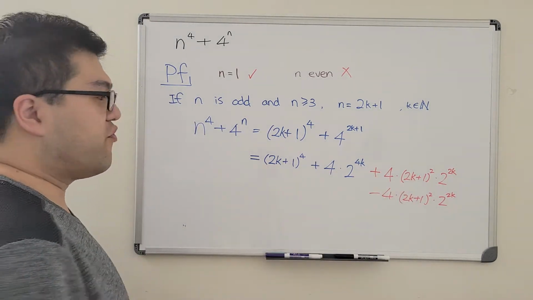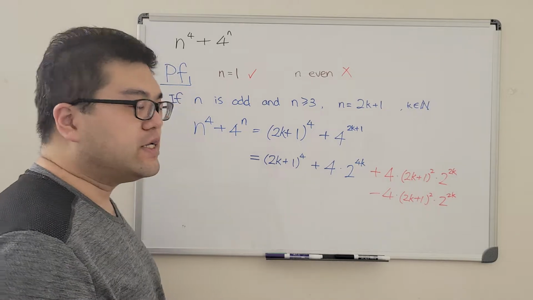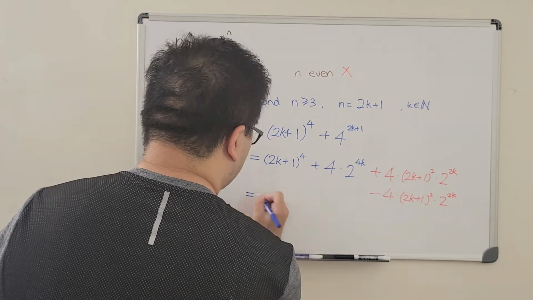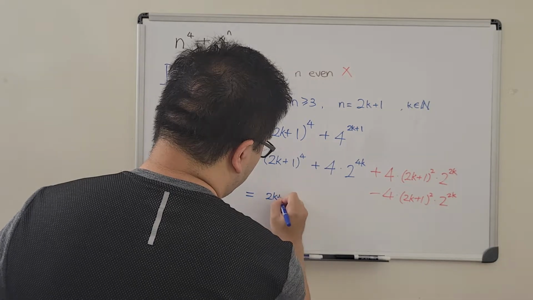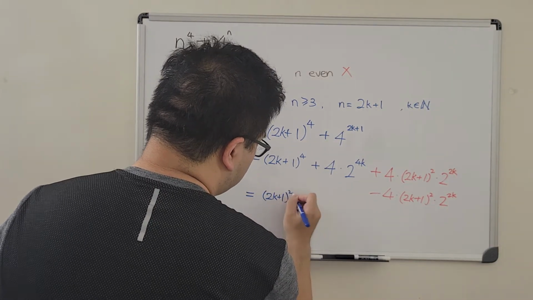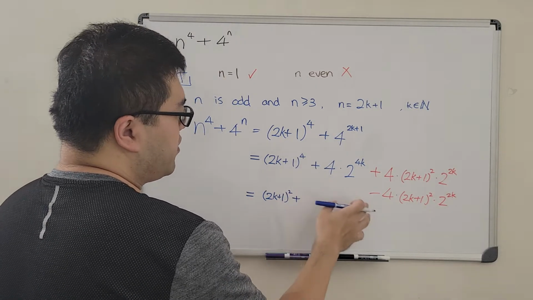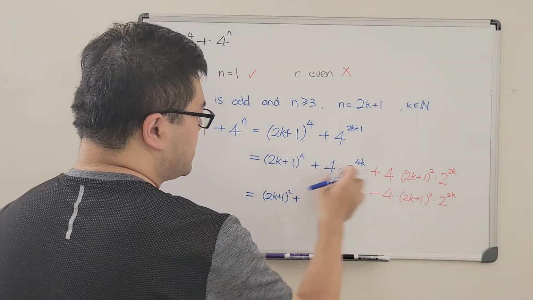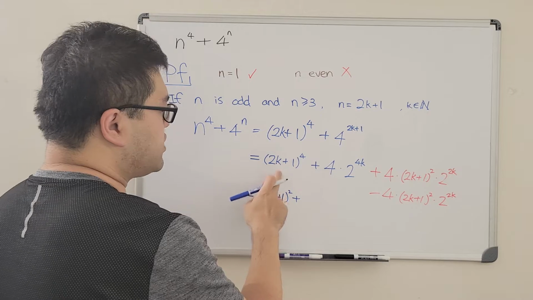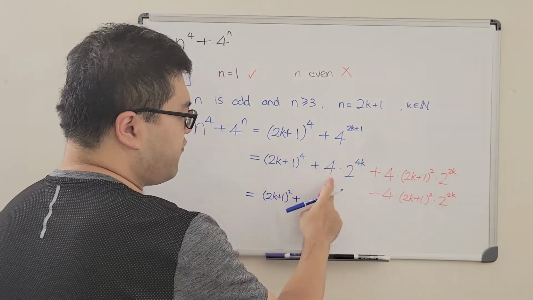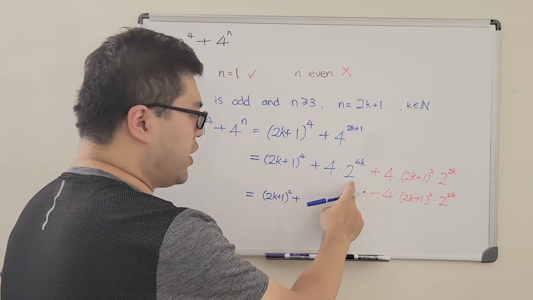Now we see that the first line is in fact a perfect square, which can be written as 2k plus 1 raised to the 2nd power plus, well, if we look carefully, putting this in the middle, we will actually get a squared plus 4ab plus 4 times b squared.